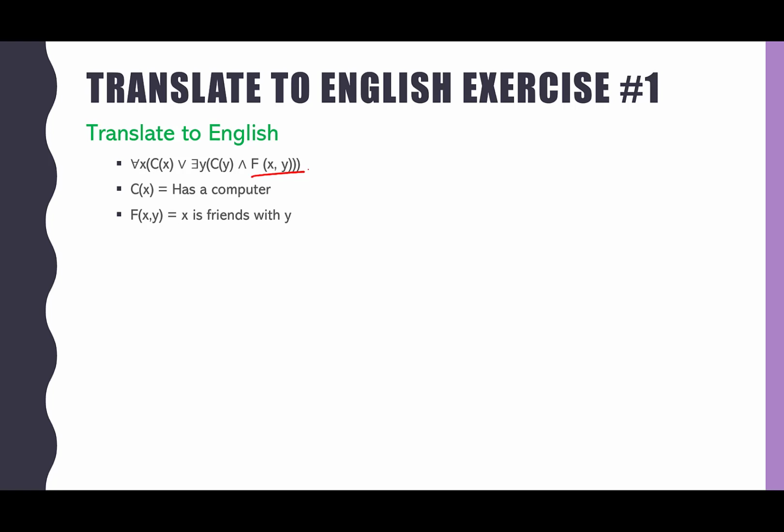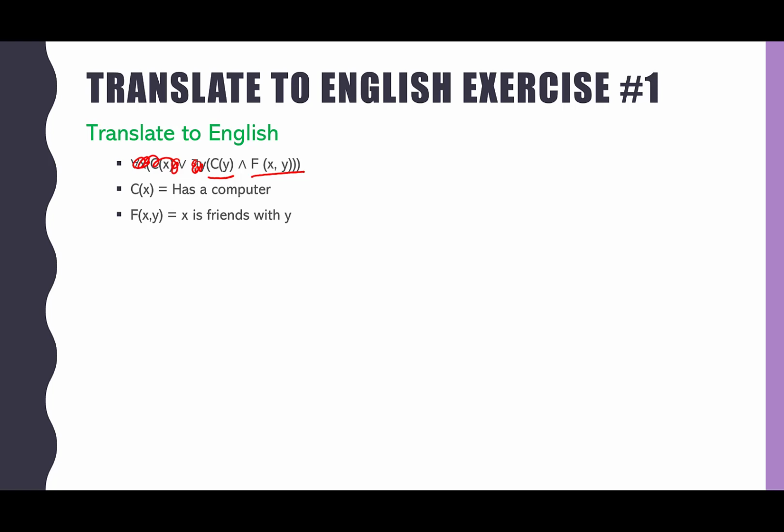Okay. And remember, the domain, we just decided the domain was going to be all students or all people or all whatever. Okay. This one here is saying that this person, Y, whoever that person is, has a computer. All right? So ignoring the rest of this here for just a moment, we're saying that person Y has a computer and is friends with X. Agree with that?